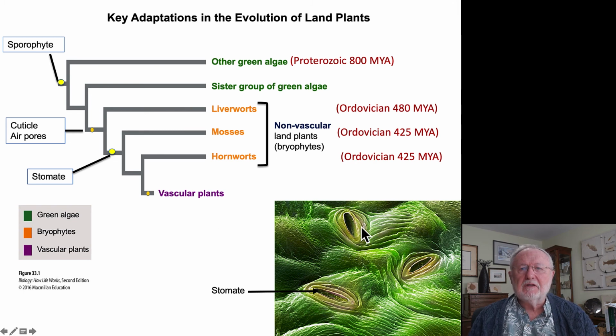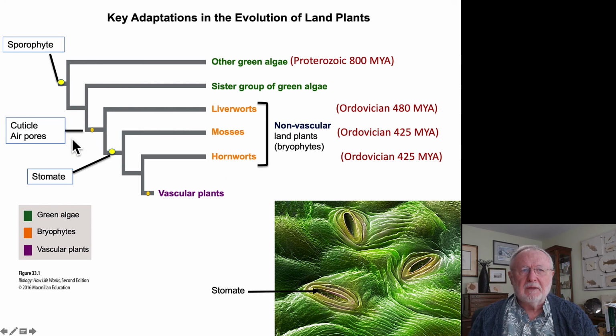And a stomate is a pair of cells. They're called guard cells. The guard cells are kidney-shaped. They come together to make an opening. And by changing the size and shape of those guard cells, the stomates effectively open and close.